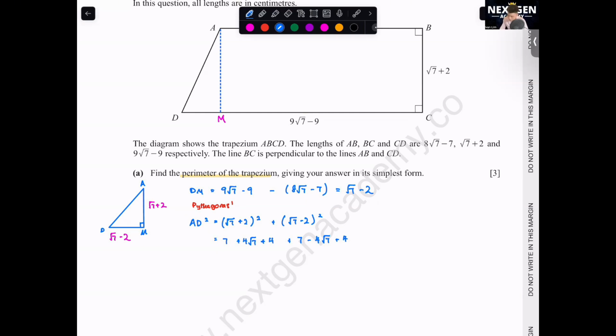Okay, let's group up the values. Hold on a minute.